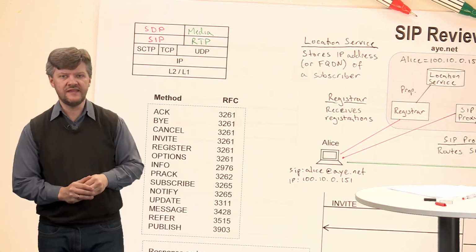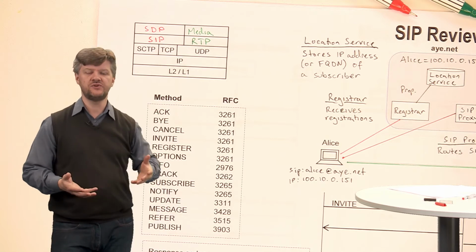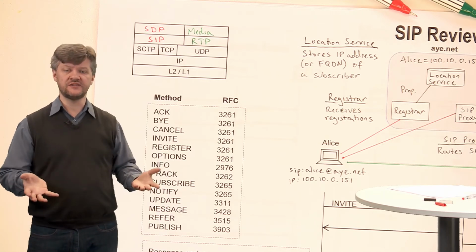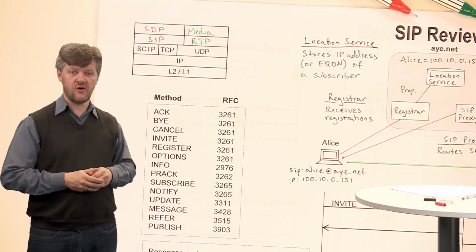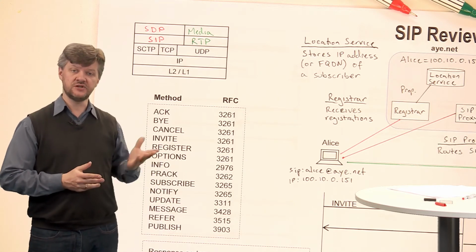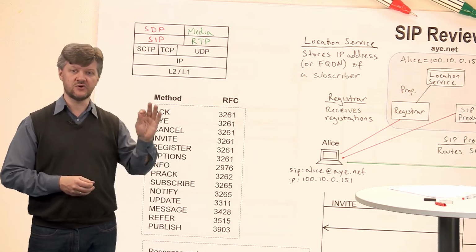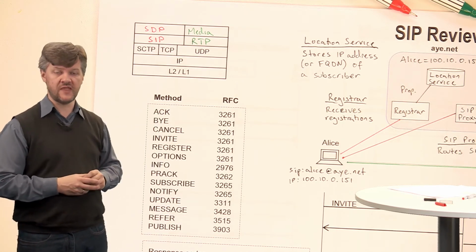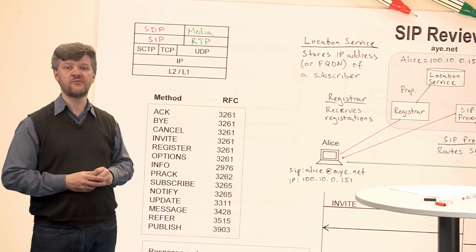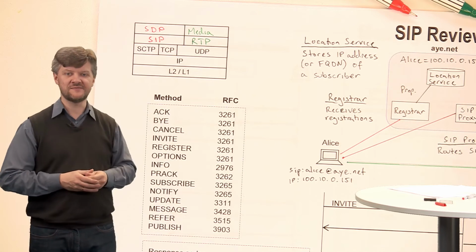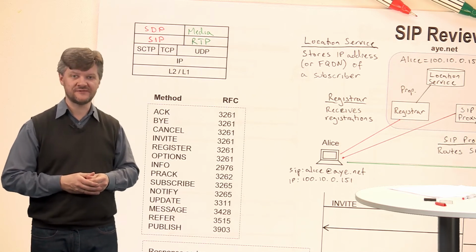So we have these 14 methods, and we're going to see use for all of these methods throughout this course. I'm not going to go through all of them right now, but you can use this as a reference list later on to see that we've actually managed to check off every one of them. And I promise we will check off each and every one of these methods in this course.